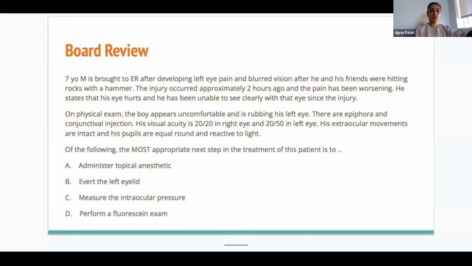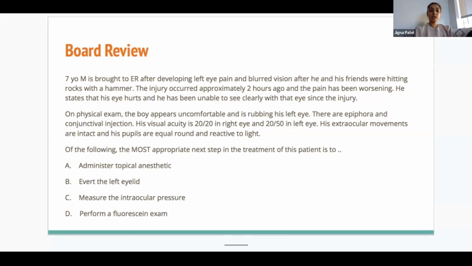Administration of topical ophthalmic anesthetic should be performed first to make the patient more comfortable and to facilitate the remainder of the examination. Lid eversion, you should do just to make sure that there's no foreign body trapped under the eyelid, but this should all come after you administer the topical anesthetic. You should do the fluorescein testing to look for any sort of corneal abrasion that may be caused by a foreign body.